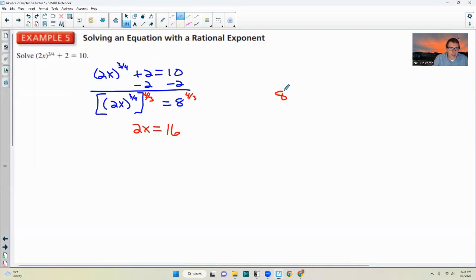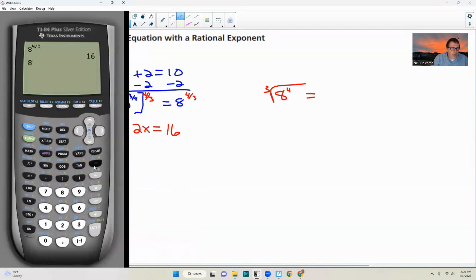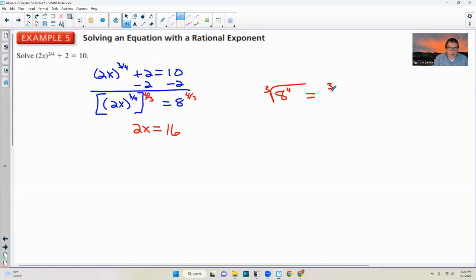8 to the 4/3 is the cube root of 8 to the 4th. 8 to the 4th is 4,096.